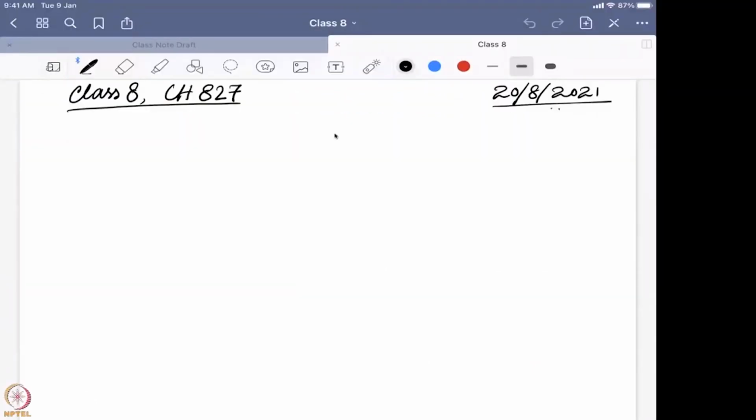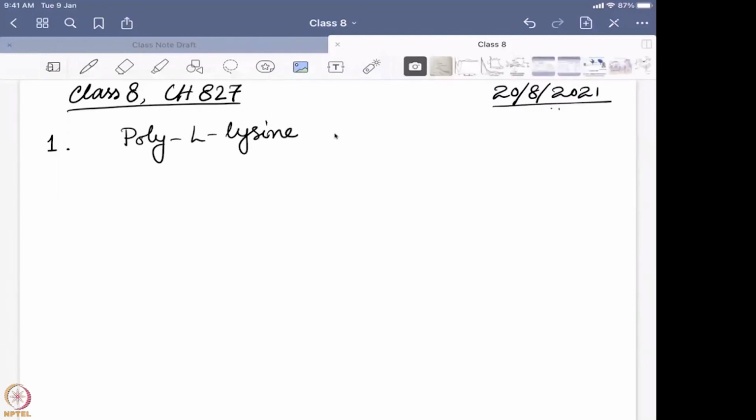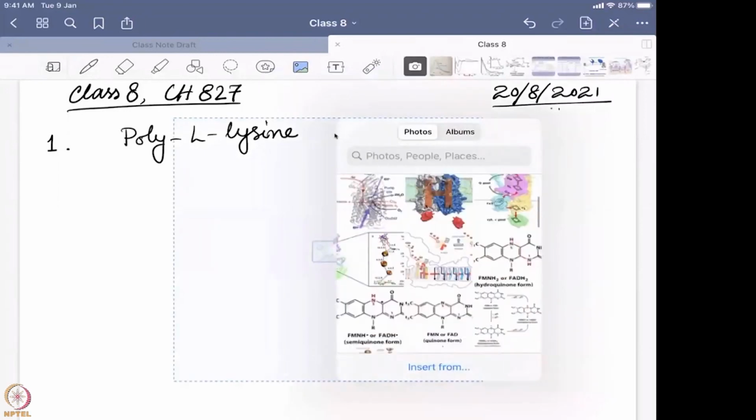So today we are going to talk about some examples of CD spectroscopy and how it can help us. The first example we'll take is that of polylysine. Let me first find out the structure of this polylysine.